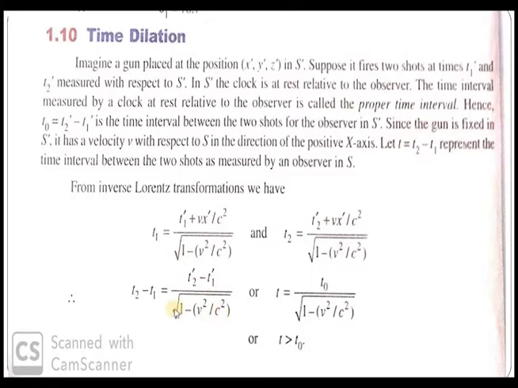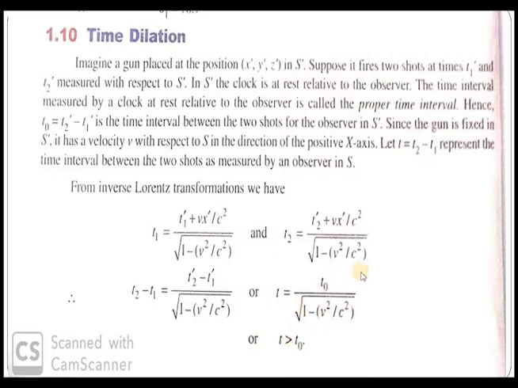Now what you are going to do is make the substitution for t2 minus t1. t2 minus t1 is t, and t2 prime minus t1 prime is t0. So what you will be getting is t is equal to t0 divided by root of 1 minus v square by c square.